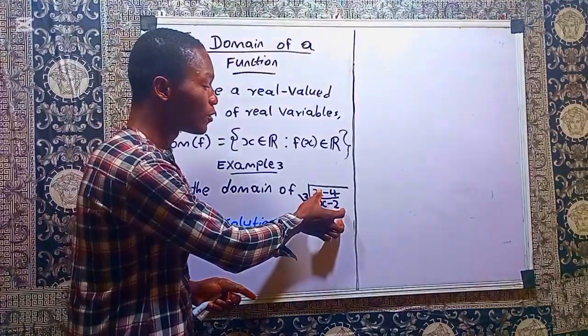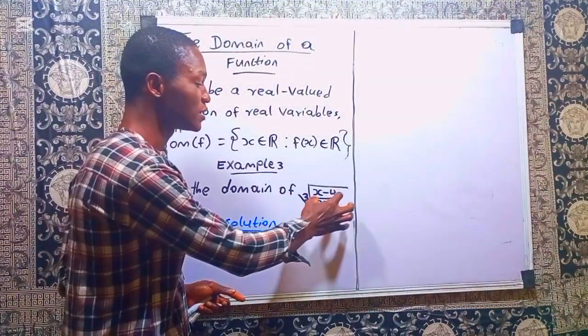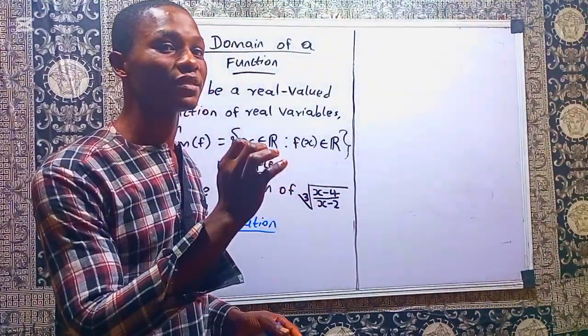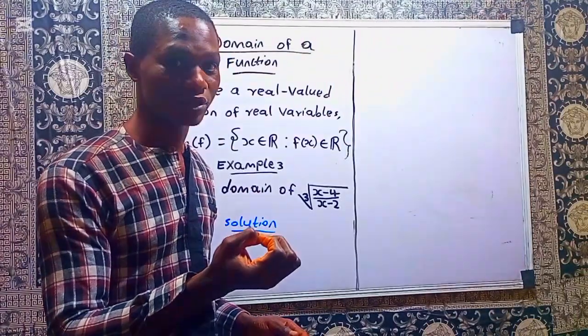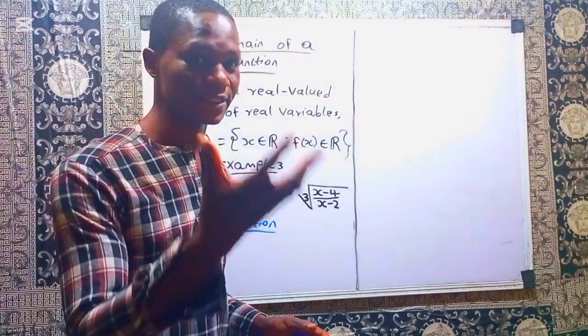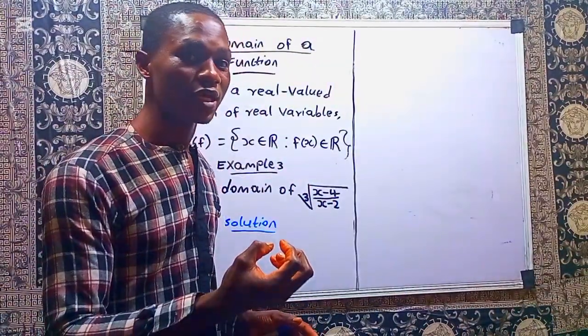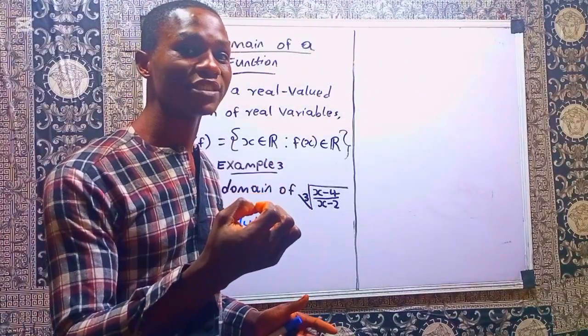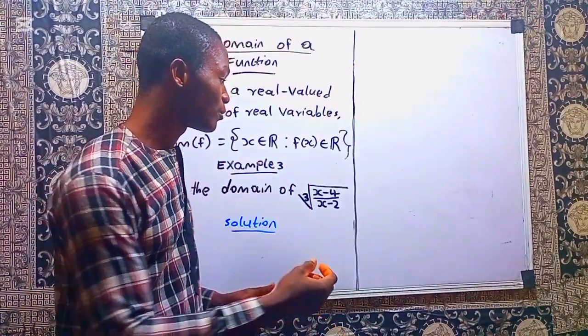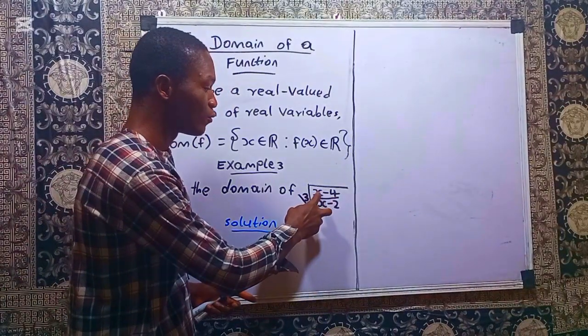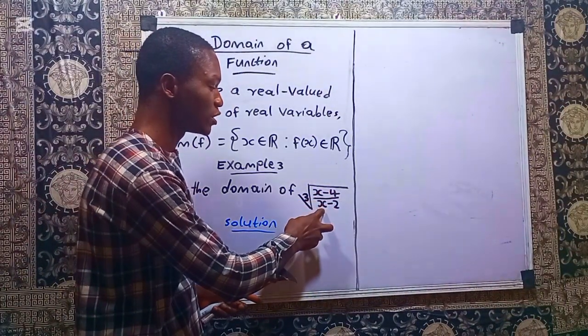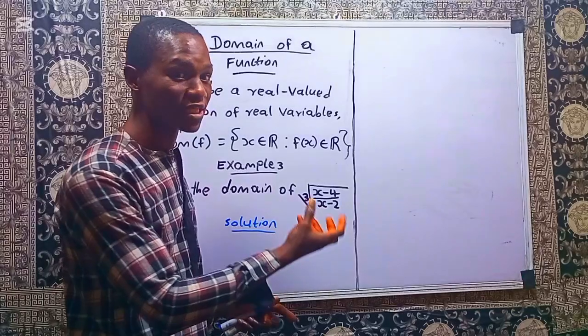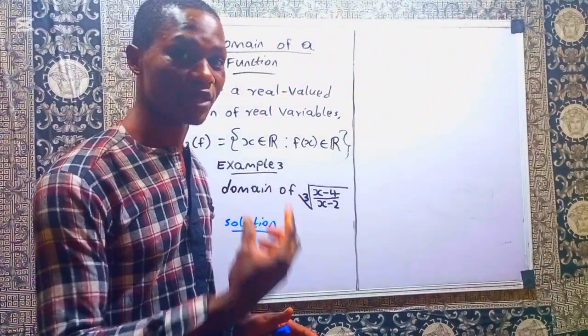We only consider what is inside, because what is inside this third root is a rational function, which is a function expressed in fraction form. In our previous classes, I told you that if you have a function expressed in fraction form, look at what is here. The numerator here is x minus 4, the denominator is x minus 2, so it's expressed in fraction form. We call such a function a rational function.